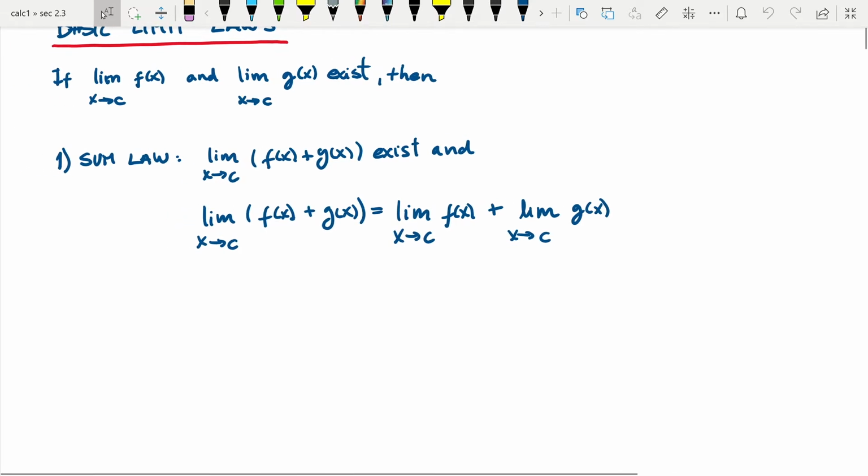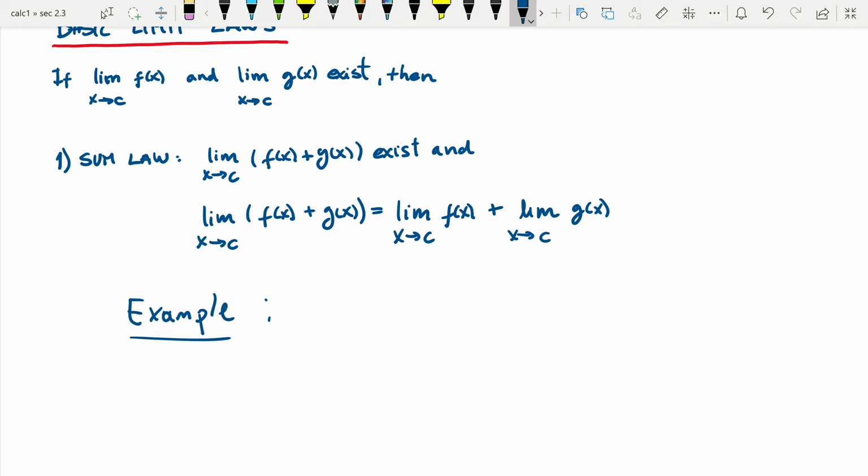Okay, so for example, let's take f of x equals x squared and g of x equals x and c equals 3.